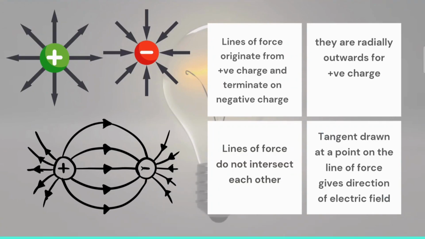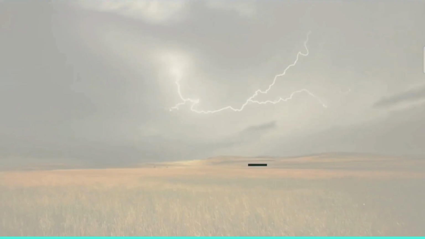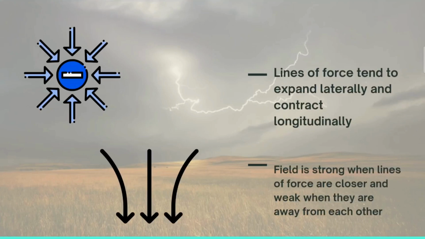Let us move on, two more points are there. Another two more points regarding these properties of electric field lines. Look at this. Lines of force tend to expand laterally and contract longitudinally.